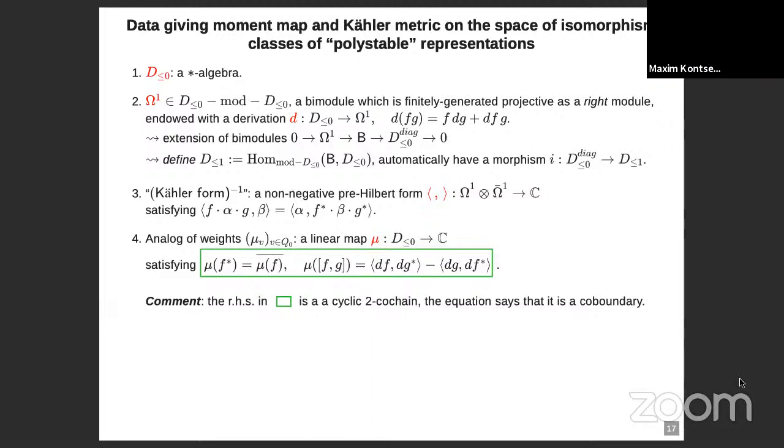In star algebra, it's a very well-known notion: if you have a bimodule, it can have a Kaehler form with this compatibility property. And the analog of weights will be a linear map satisfying some reality condition and some condition for commutators.